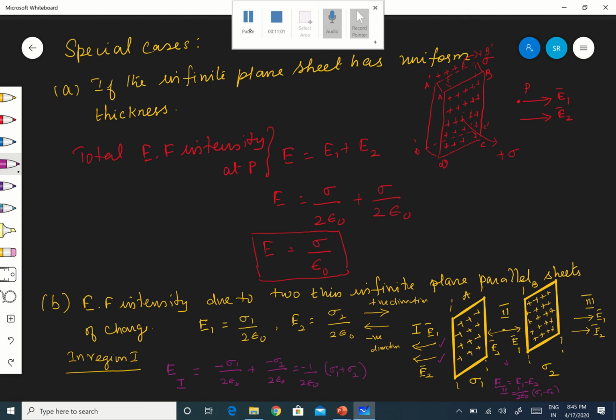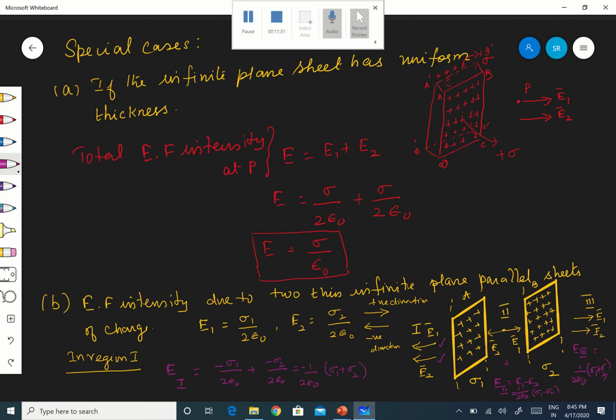And what about the third one, E3? Here both are from right to left. Therefore, I can write this as E1 plus E2. Directly, E3 is equal to 1 by 2 epsilon naught into sigma 1 plus sigma 2. Is it clear?